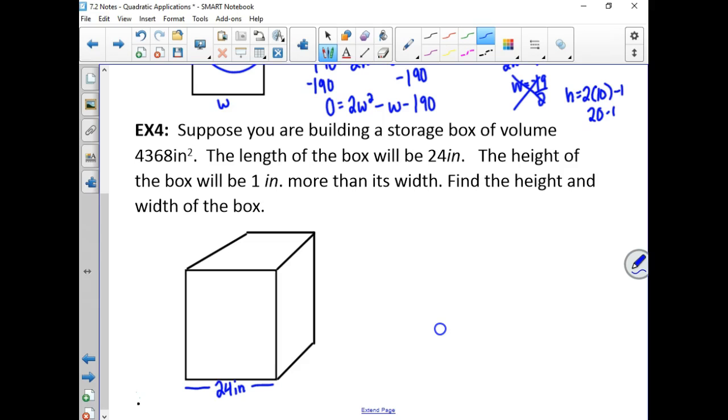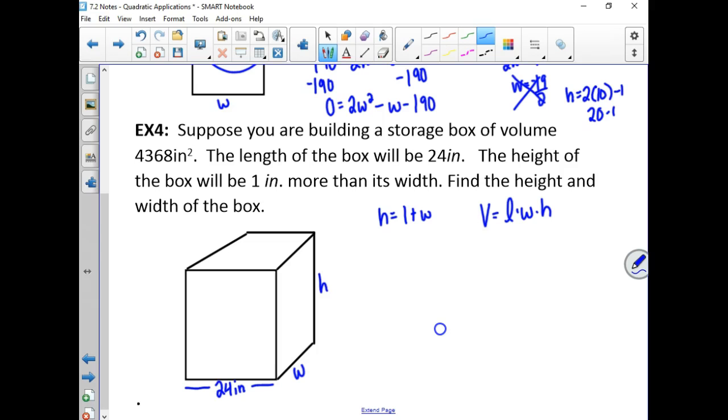We know that the height of the box is 1 inch more than the width. So we'll call this the width and this the height. We know that the height is 1 plus the width. So, to find volume, volume equals length times width times height.